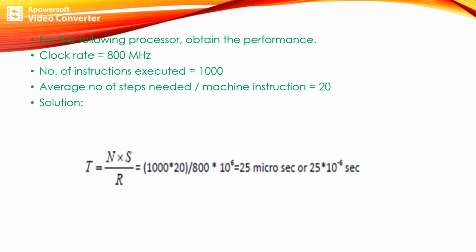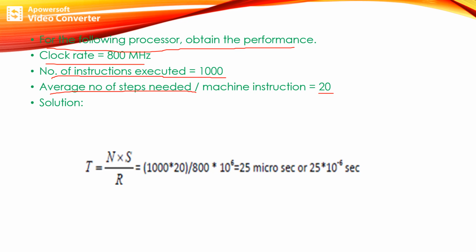We'll take the last problem. For the following processor, obtain the performance. The clock rate is given as 800 MHz. The number of instructions N is equal to 1000. The average number of steps required to execute the program, capital S, is equal to 20. Now how to compute T?